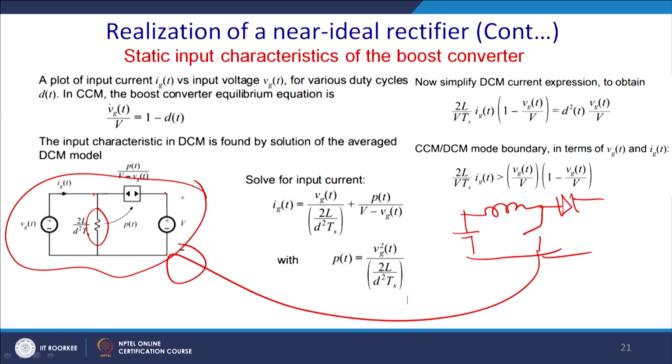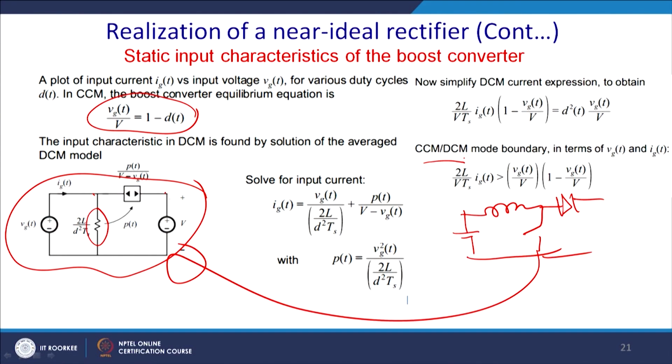in CCM the boost converter equilibrium, this is basically the normal boost converter duty cycle, you can equate 2L by V Ts into Ig(t) times 1 minus Vg(t) by V equal to D square Vg(t) by V. Students are requested to follow books like Erickson and others to find the detailed derivation of it.